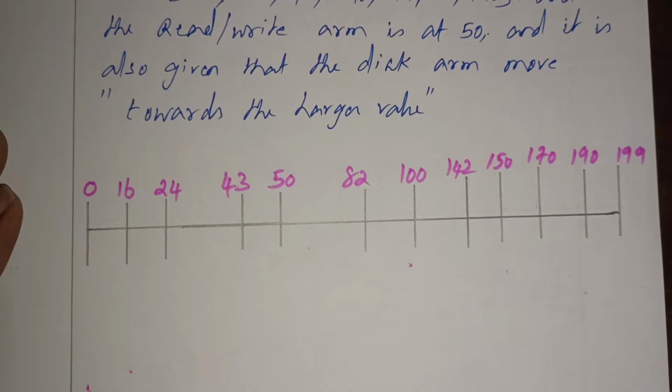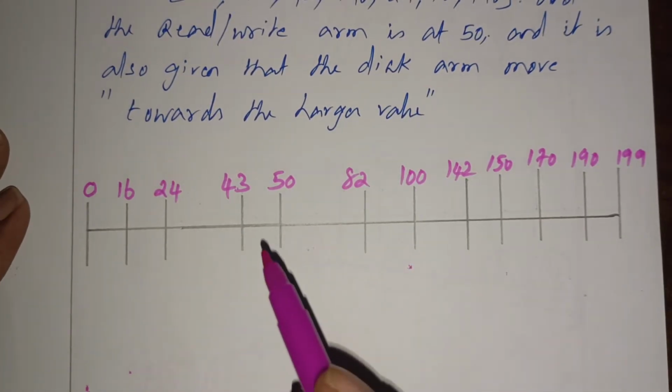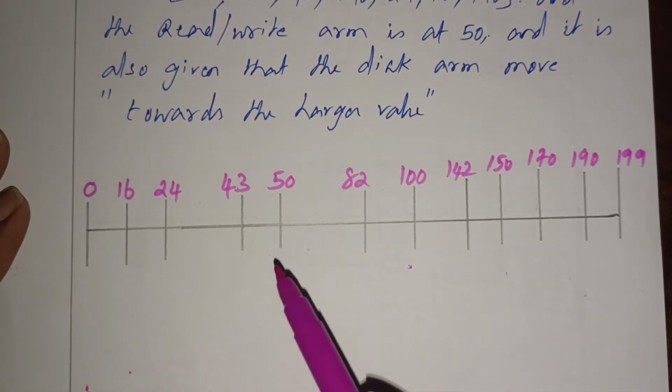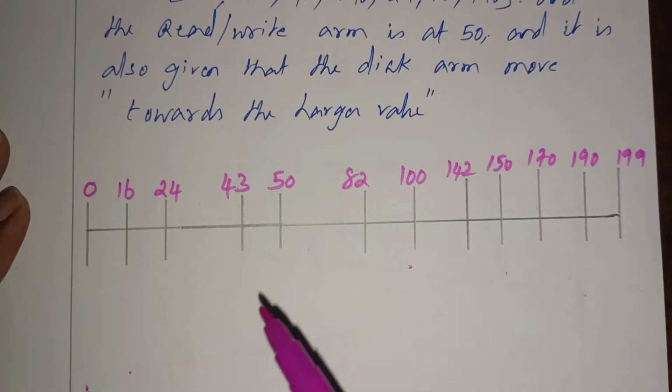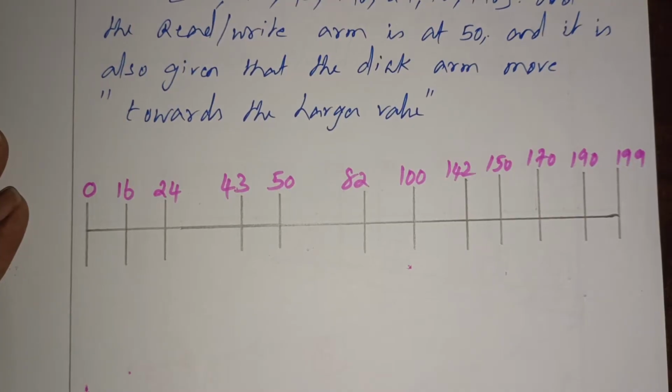That is the only difference. This particular algorithm is used to prevent the extra delay which occurs due to the unnecessary traversal to the end points of the disk, that is 0 and 199. So I hope you understand how this works.